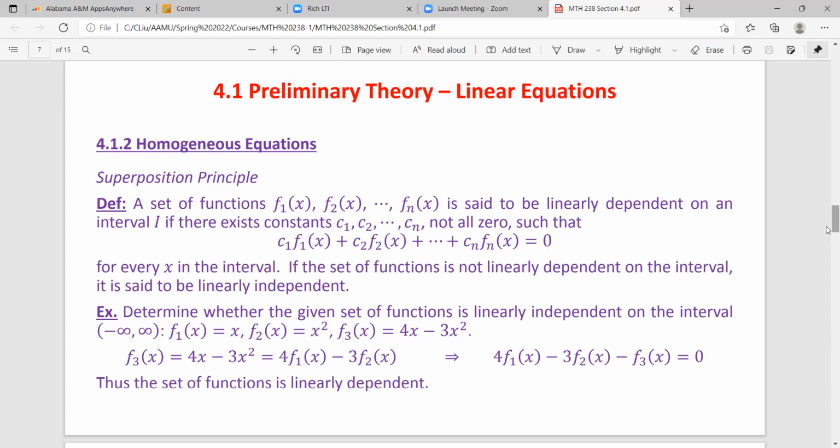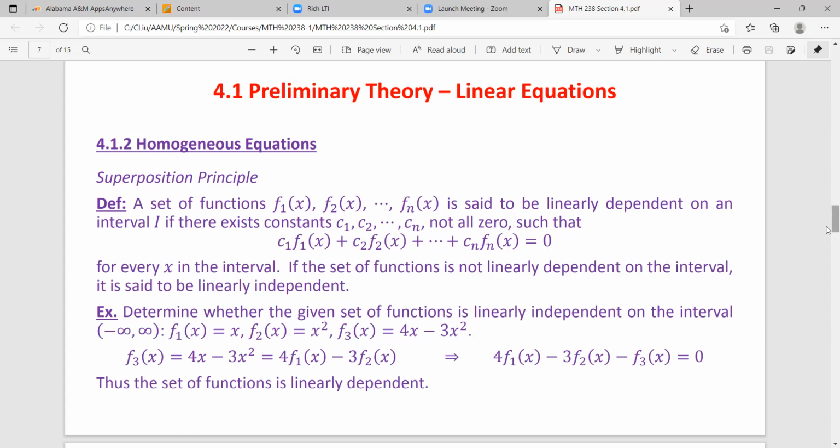So if there exist constants C1, C2 up to Cn such that this equation holds, then we say these n functions are linearly dependent.